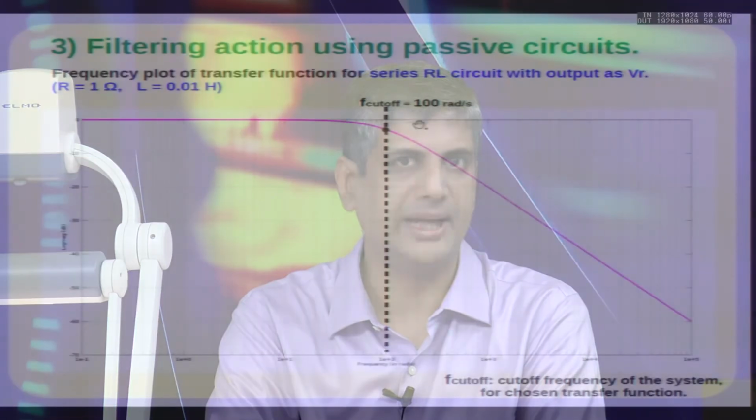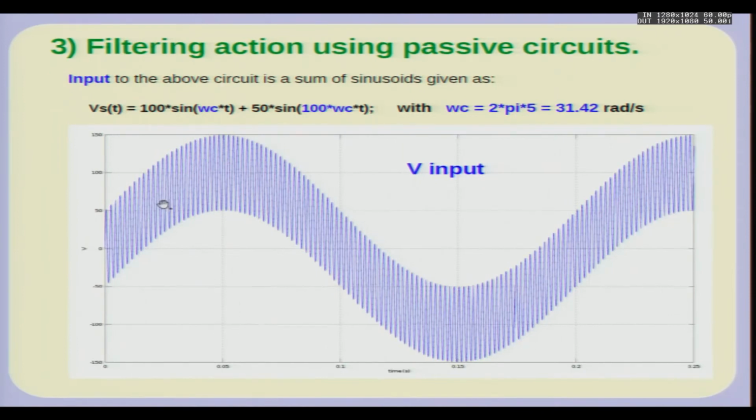If you go back to this frequency response again, and I give an input something like this, you will see that this input consists of two sinusoids of different magnitudes and different frequencies.